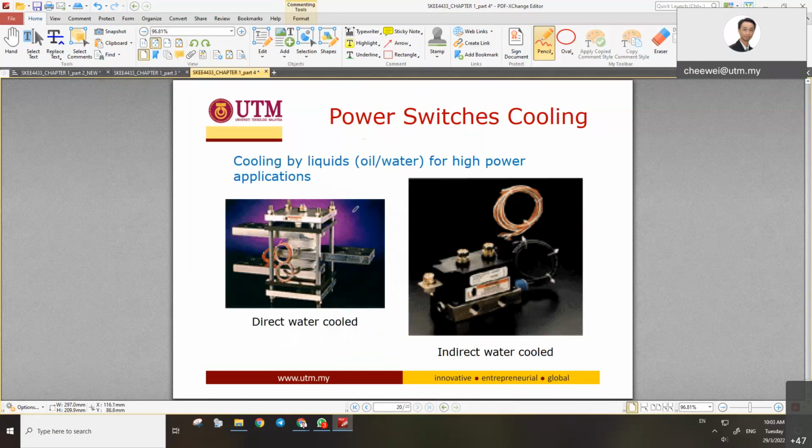If faster cooling than the heat sinks is required, then you can put in liquids to help cool down the environment. But of course, the cost of doing it is very high. It can also be done by oil or water to cool down the power switch.